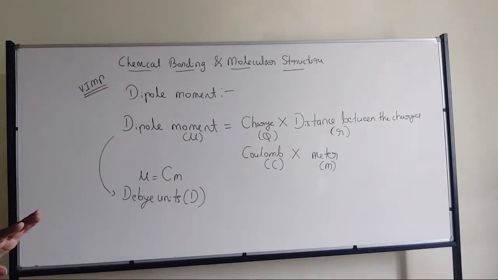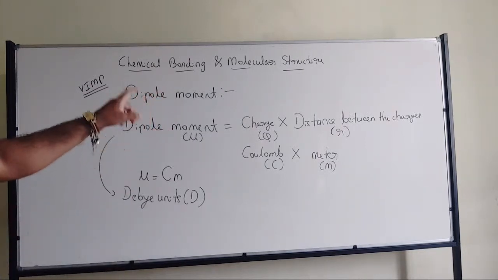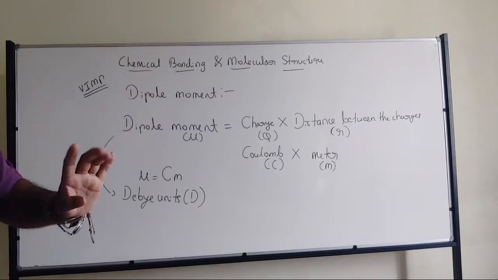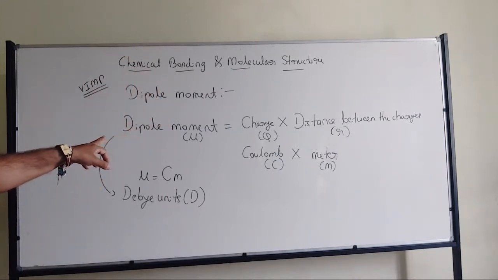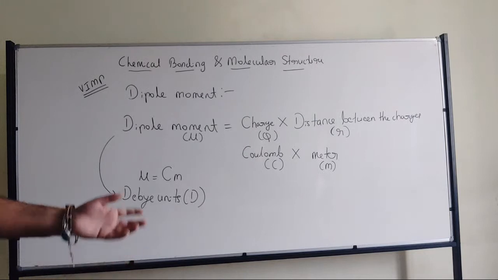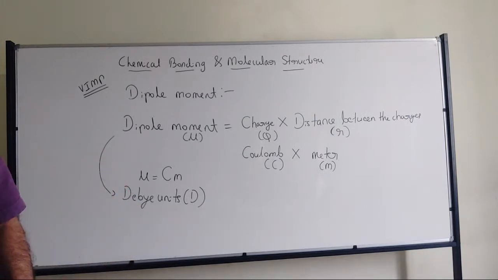Charge into distance is nothing but Coulomb meter. Coulomb is the unit for the charge and distance will be meter. But to show the gratitude of a scientist towards science, Debye is the person's name, so we can go with Debye units for dipole moment.